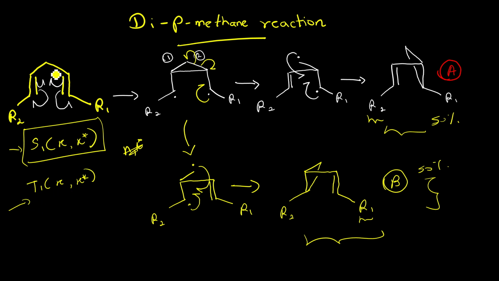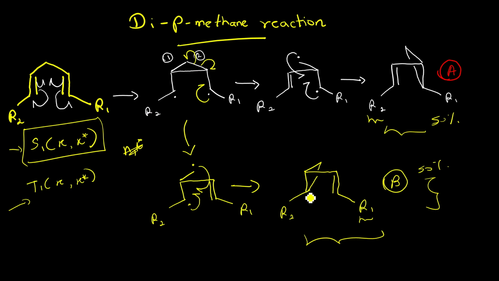Let's say your compound is excited to the triplet excited state. Here I'm going to draw it again. Now here we have the same structure. In this case you have the triplet pi to pi star transition. Now what happens?